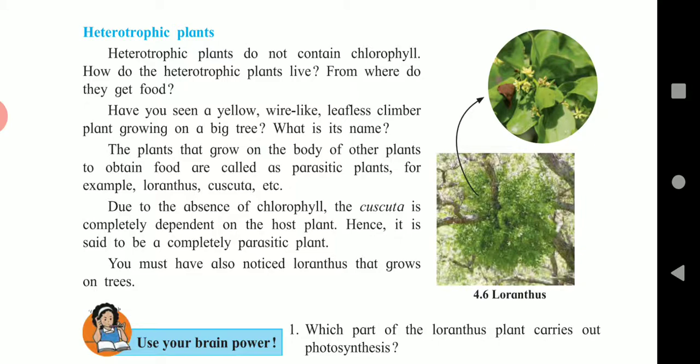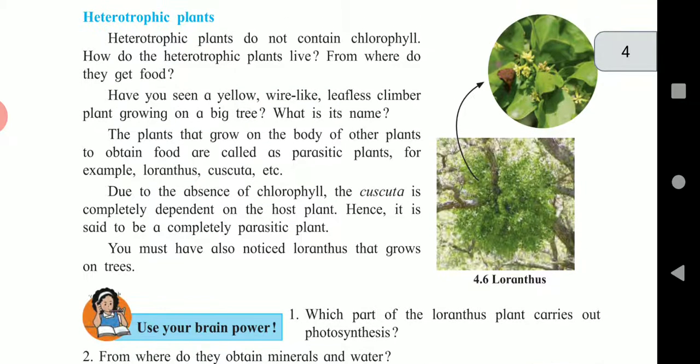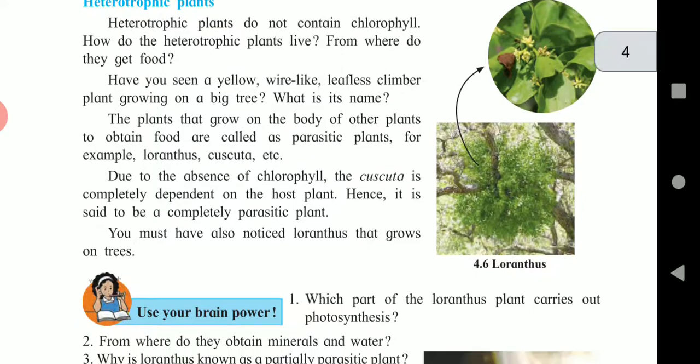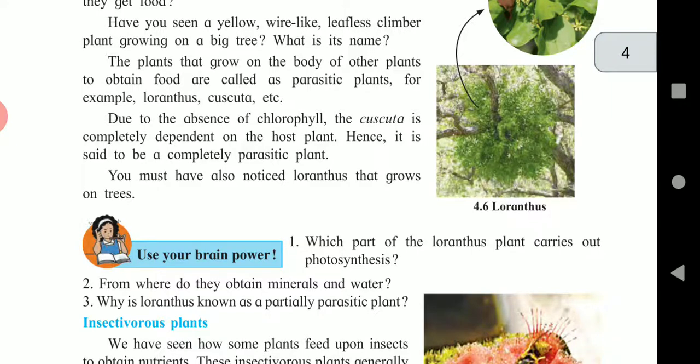Loranthus prepares its own food in the leaf through photosynthesis, but it depends on the host plant for its requirement of water and minerals, and it absorbs water and minerals through the haustoria. So it is called a partially parasitic plant.